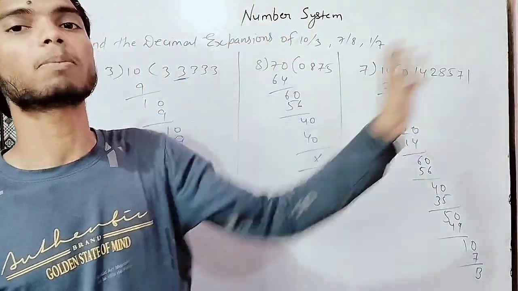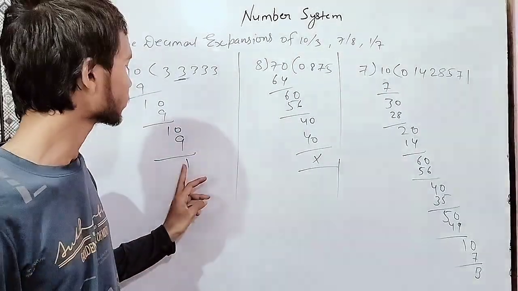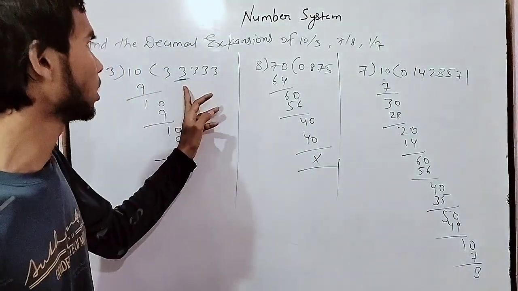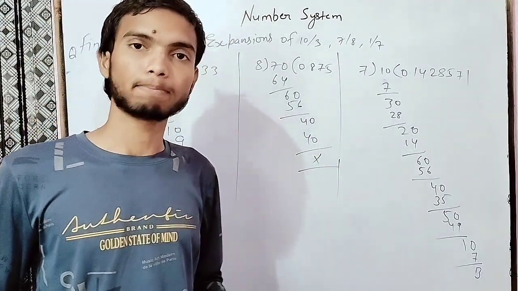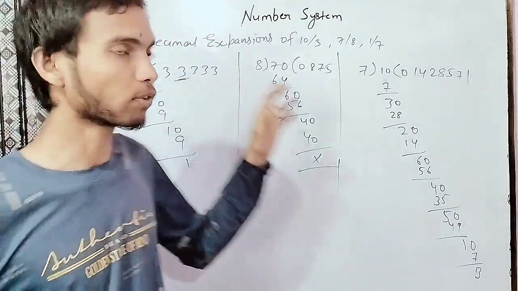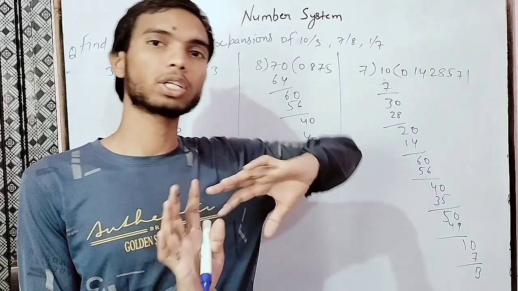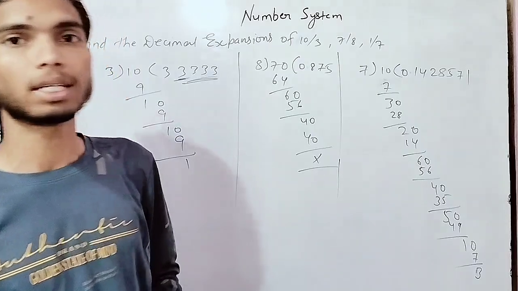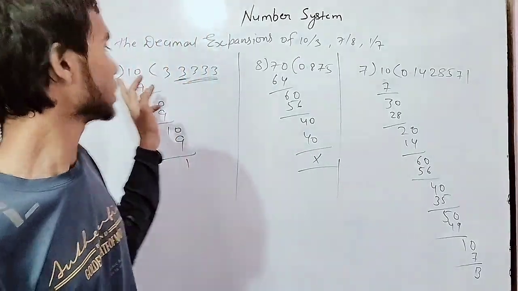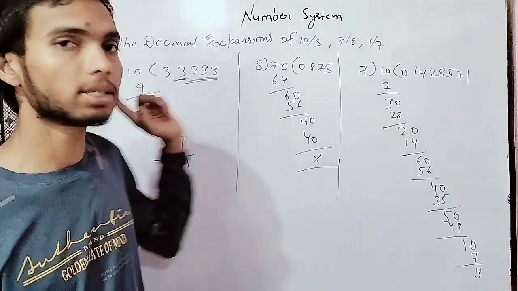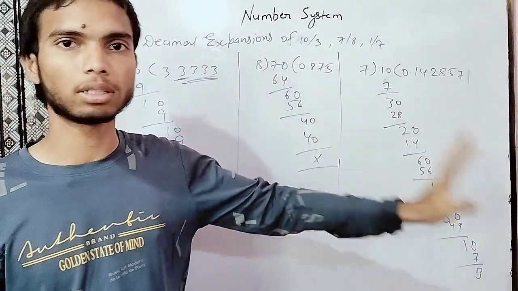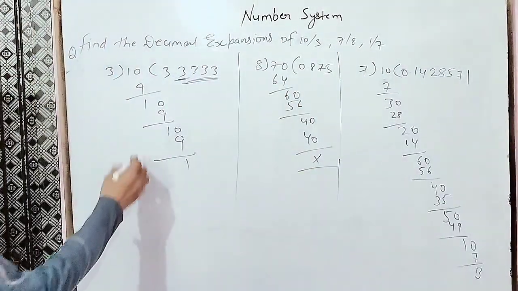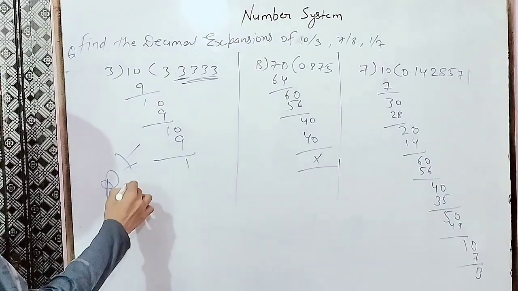There is no end in the remainder. Whereas here, after the decimal there is no end, but this is repeating. This is a repeating number. There is no end in the remainder and in the decimal. That's why it will be considered rational.